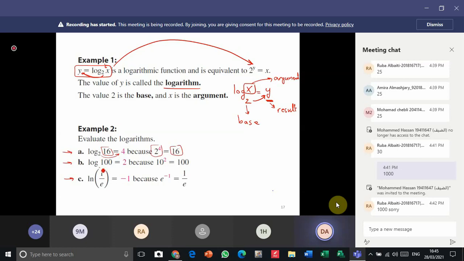So 10 to the power 2 equals what? 100. This is logarithm with base e of e to the power negative 1: e to the power negative 1 equals 1 over e inside the logarithm. Okay. Any question about this slide?